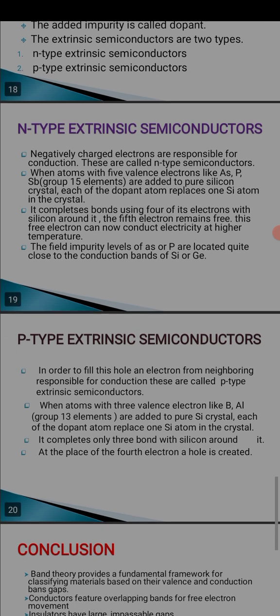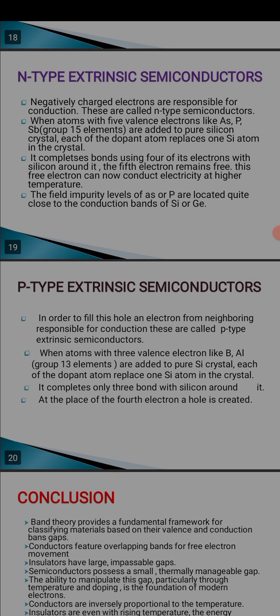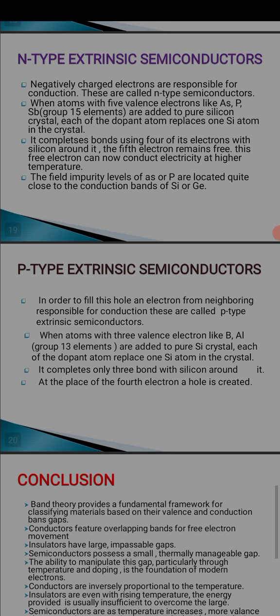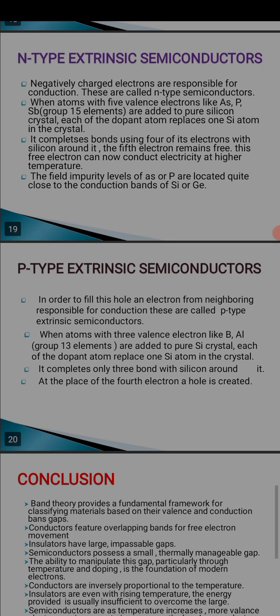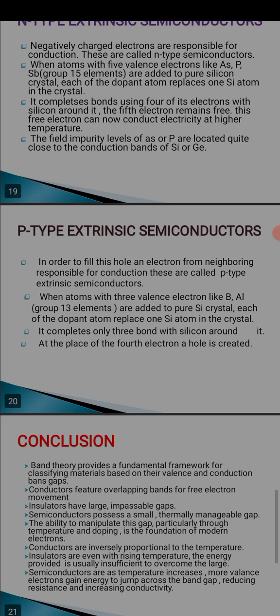It completes bonds using 4 of its electrons with the silicon around it. The fifth electron remains free. These free electrons can now conduct electricity at higher temperature. The filled impurity levels of phosphorus are located quite close to the conduction band of silicon.